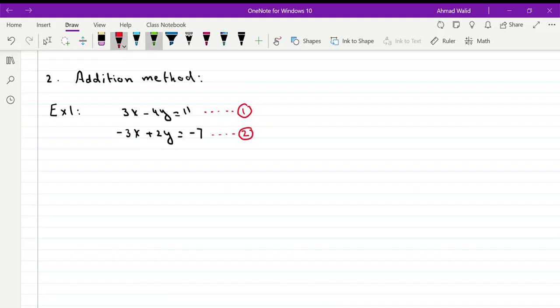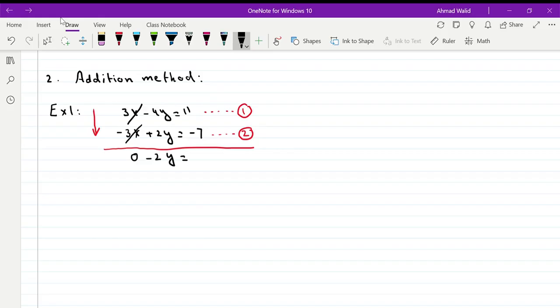You see in this example, if I add these two equations vertically with each other, one of the variables actually eliminates, correct? Look, negative 3x and positive 3x becomes 0. Negative 4y and 2y gives you negative 2y.